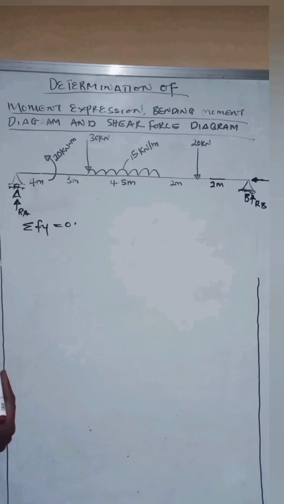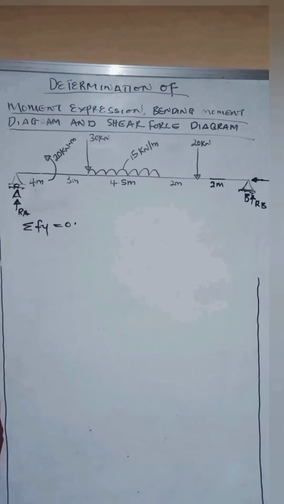All right? So by implication, RA and RB are acting upwards, so they are assigned positive values. While the vertical forces, the 30 kilonewton point load, the 15 kilonewton per meter UDL, and the 20 kilonewton point load, are all acting downwards, so they will be assigned a negative value.